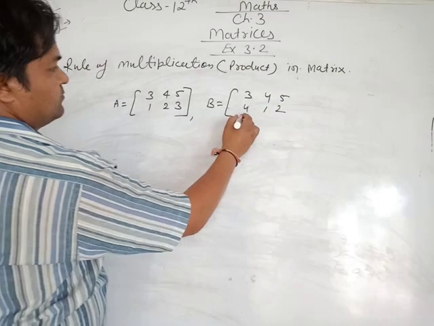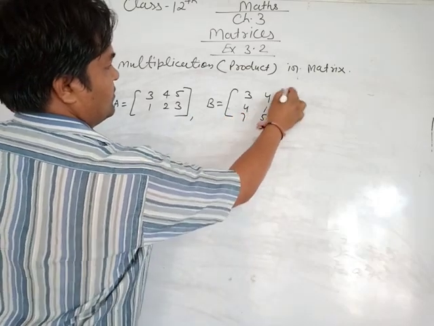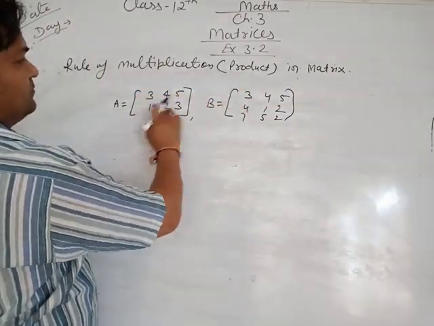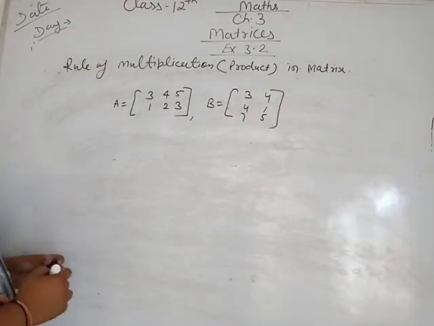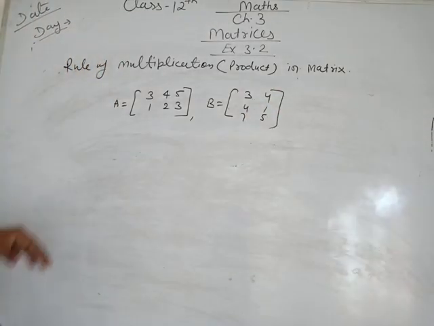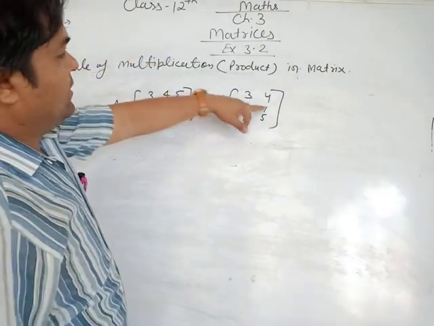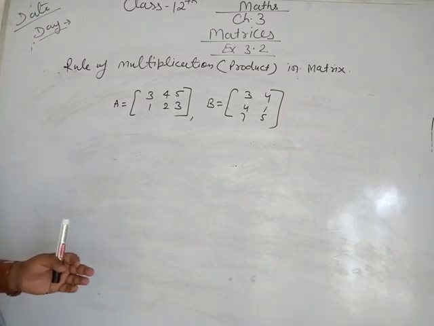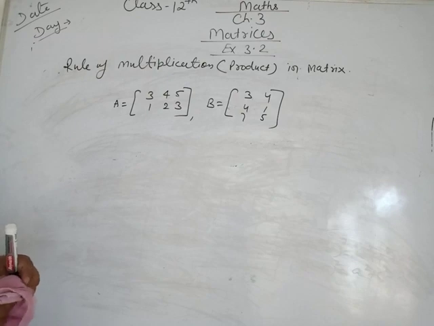For example, the second matrix is 1, 2, 7, 5, 3. Here we have 3 columns, so we should have 3 rows in the second matrix; then we can multiply it, otherwise no. Understand everyone?